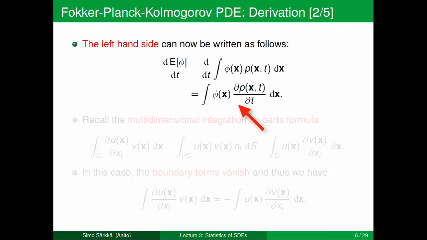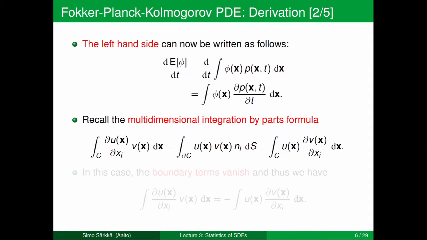Now let's recall the multidimensional integration by parts formula. The integral over area C of the partial derivative of u with respect to xi times v of x dx is equal to the boundary integral of u of x times v of x and the normal and the surface element, minus the integral over C of u of x times the partial derivative of v with respect to xi dx.